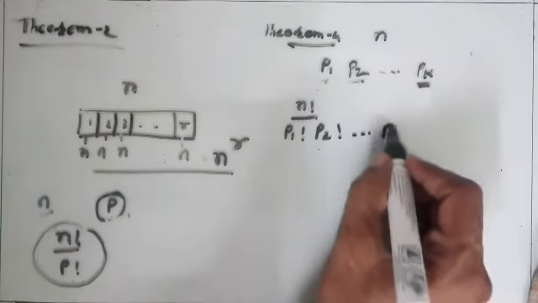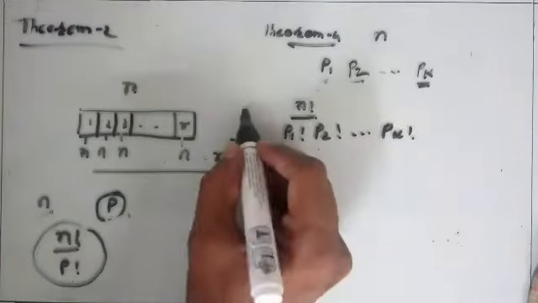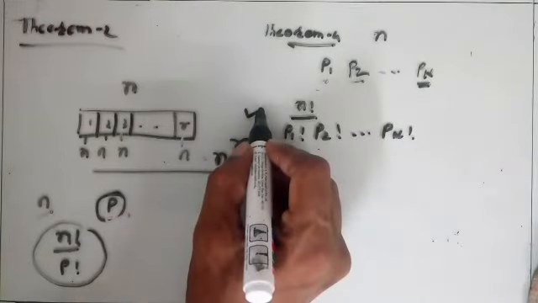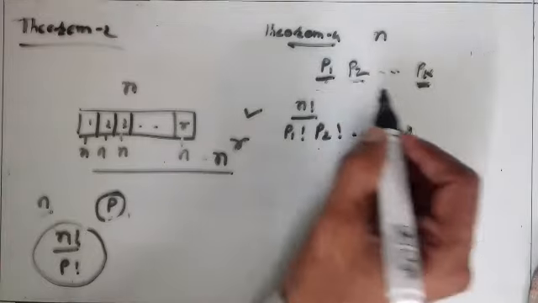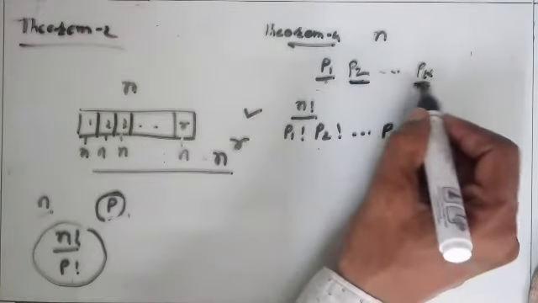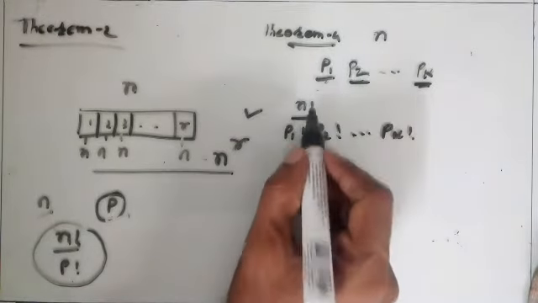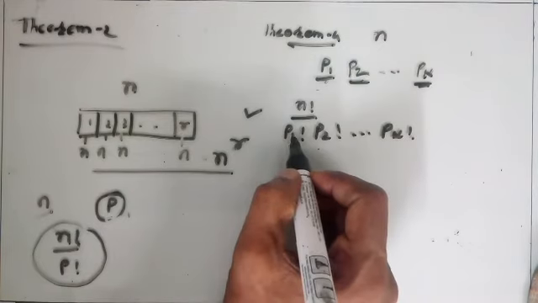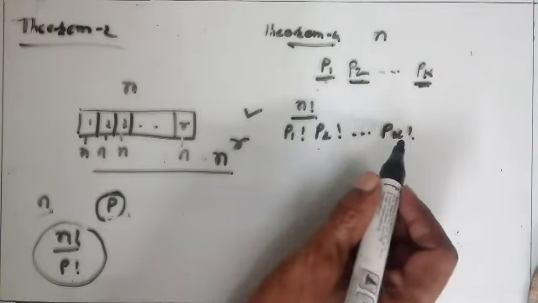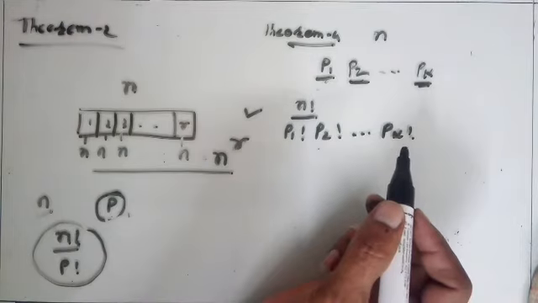Up to the last, pk factorial. So the number of permutations of n objects in which p1 objects are alike, p2 objects are alike, pk objects are alike is equal to n factorial upon p1 factorial into p2 factorial up to pk factorial. Okay.